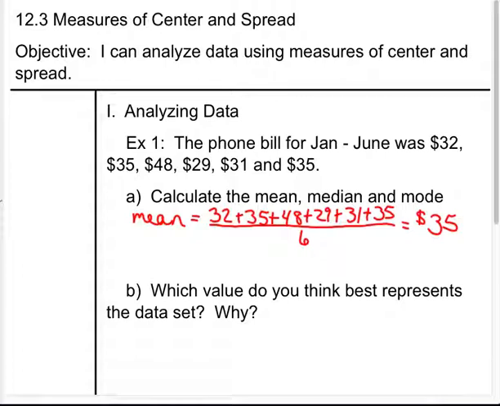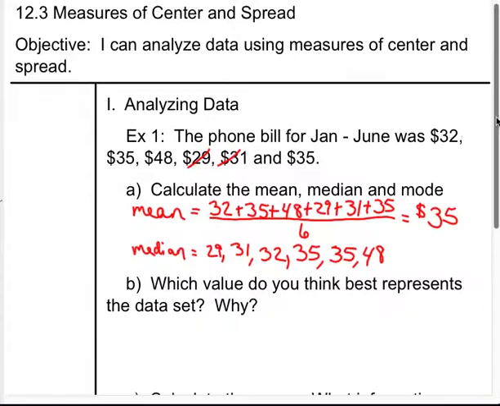The median, when you line up the data values in order, will be the middle data value. So our smallest data value is 29, and then we have 31, and 32, and two 35s, and 48.